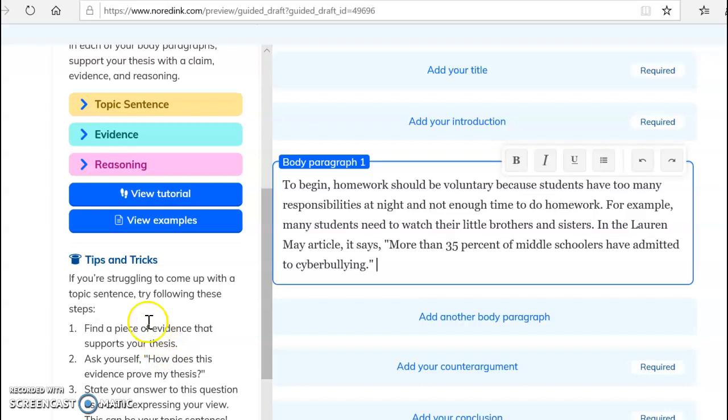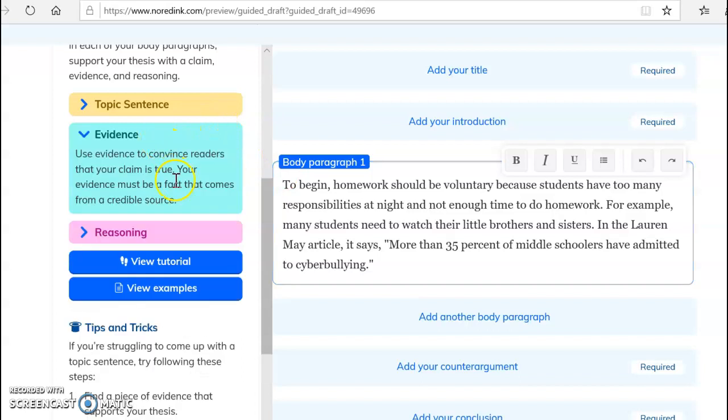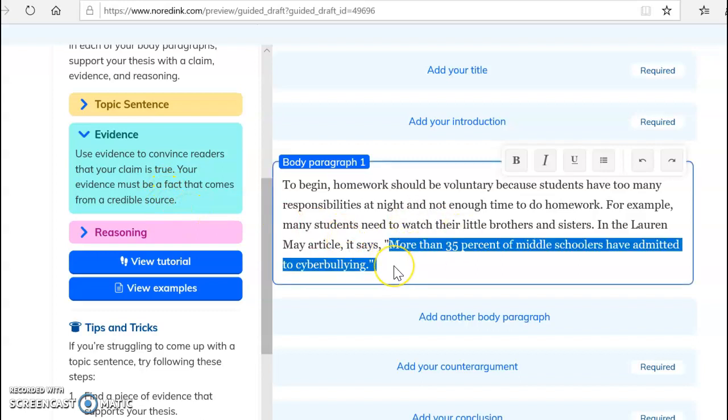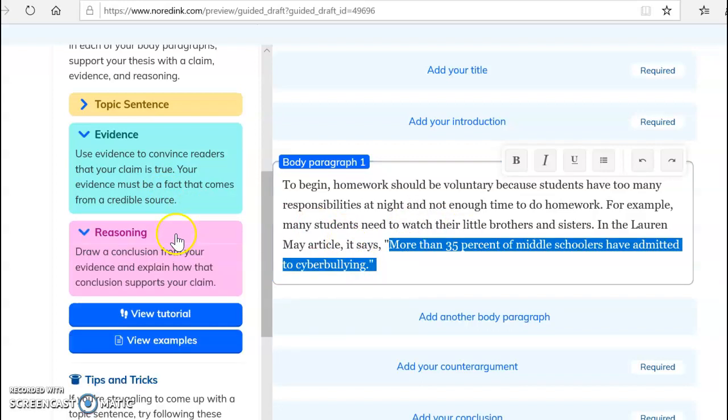Now, again, if you're having problems, remember topic sentence, we already did that. Let's click this evidence. Use evidence to convince readers your claim is true. It's a fact that comes from a source. Well, wait a minute, we did that. That's my evidence. And then my reasoning. Draw a conclusion from your evidence and explain how that conclusion supports your claim.